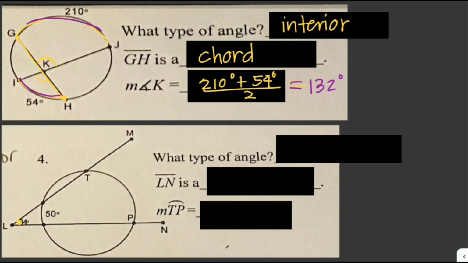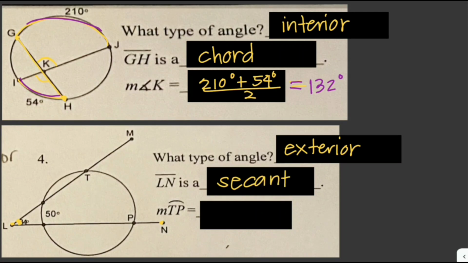So in the figure here, the type of angle that we're going to identify is this one. That one is an exterior angle. And then line segment LN is a secant.